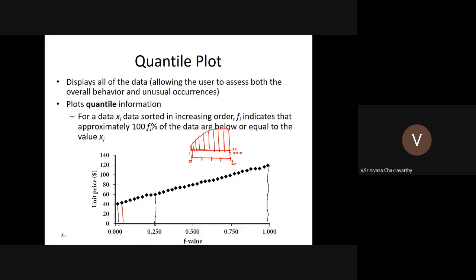Now 0.25 you extend and see where it cuts. 0.5 you see where it cuts. 0.5 will be your median point. This one will be your Q1 value. This is your Q3 value. So what you have used in the box plot, you can extract those numbers in a different way by drawing this quantile plot. Is this clear now?